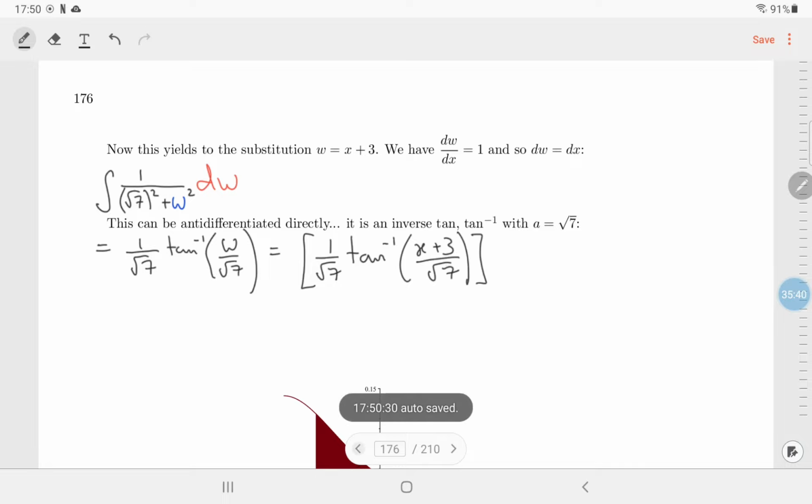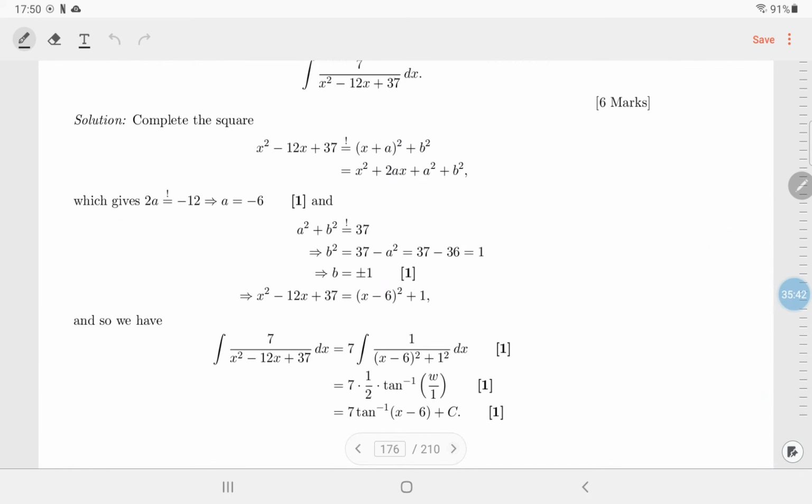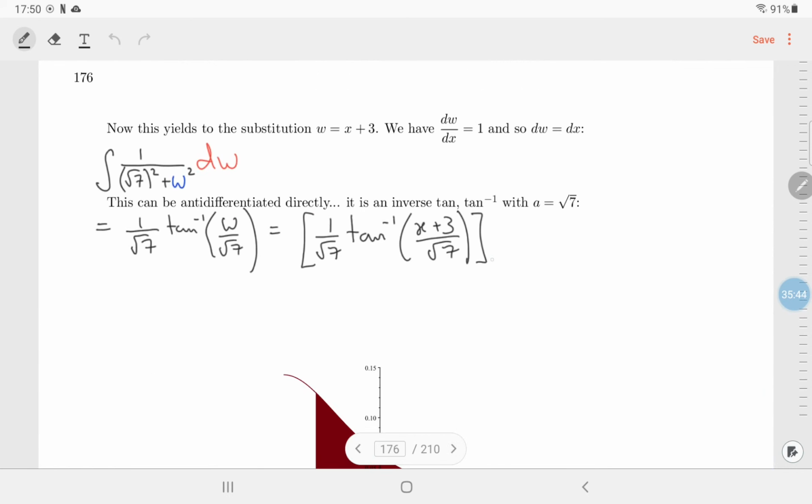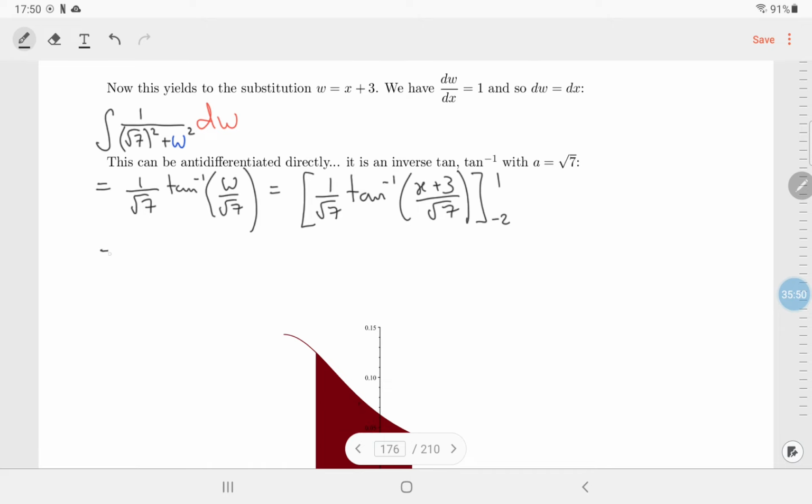We're going from minus 2 to 1, so we do top limit minus bottom limit. What's very important here is that you have to be in radians. So inverse tan of top limit 1 plus 3, as I said, in radians, minus 1 over root 7 inverse tan, putting in x equal to minus 2.